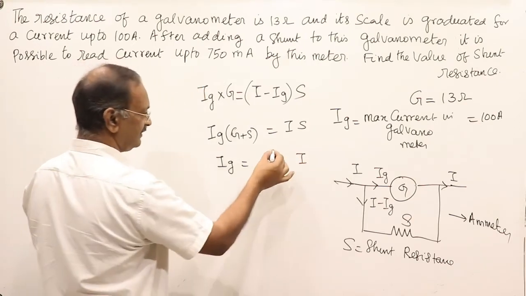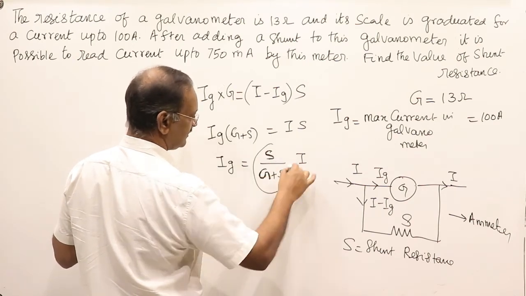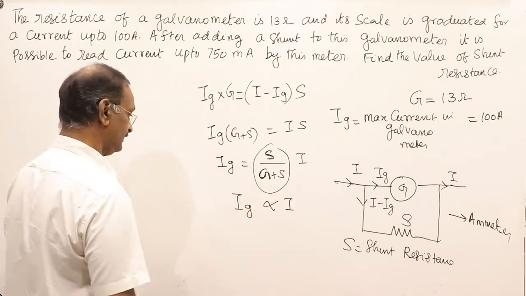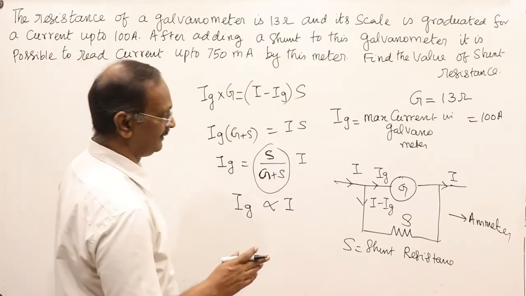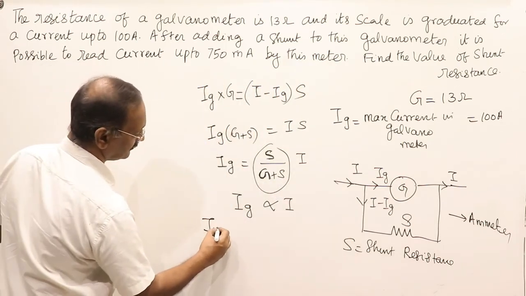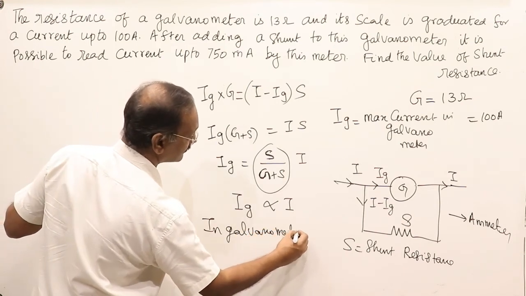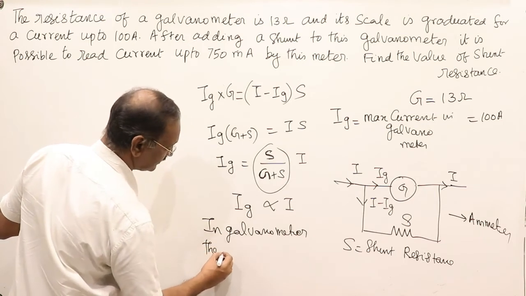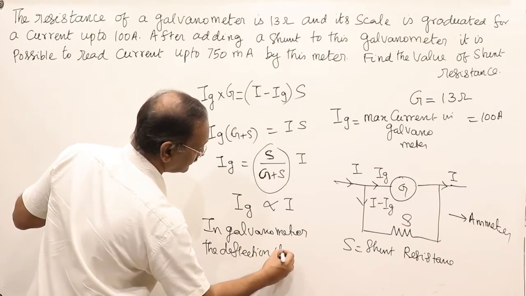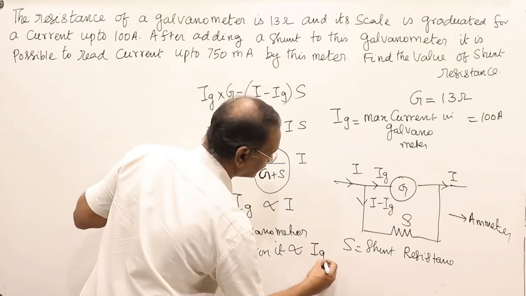Now what is this? The shunt resistance is constant, the galvanometer resistance is constant. It means this is a constant. It means galvanometer current is proportional to I. As we have already seen in the theory, the deflection in a galvanometer is proportional to the current through the galvanometer.